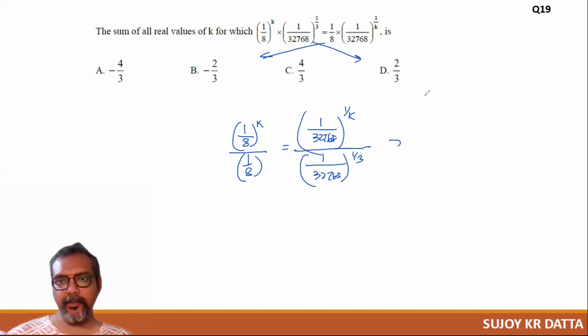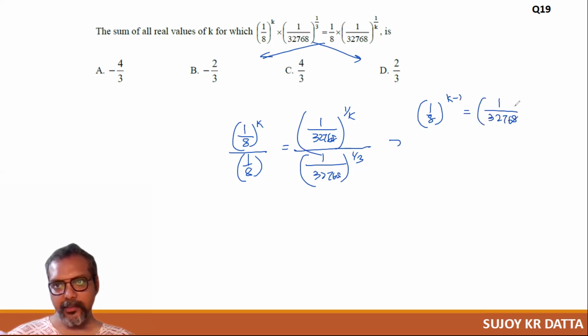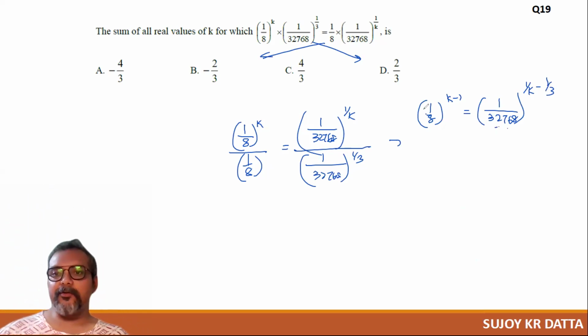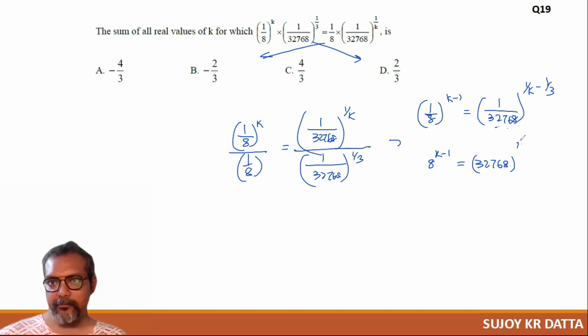Okay. From here we can write 1 over 8 to the power k minus 1 is this 1 over 32768 to the power 1 by k minus 1 by 3. Now you have to get them in the same base. One thing we can do is take reciprocal on both sides. So this will become slightly easier to handle. 8 to the power k minus 1 is 32768 whole to the power 1 by k minus 1 by 3.